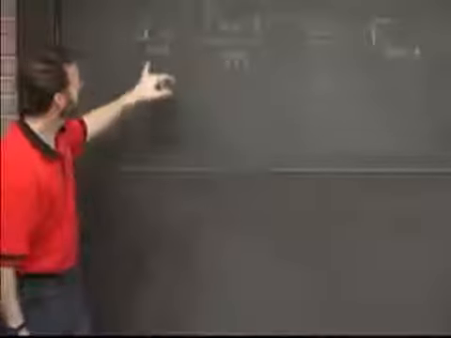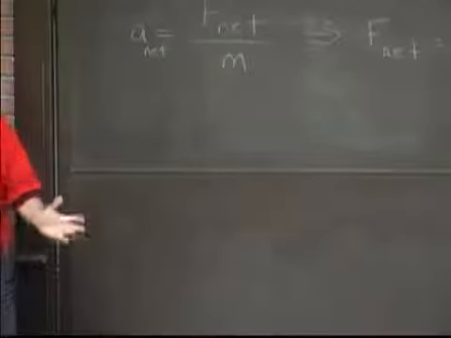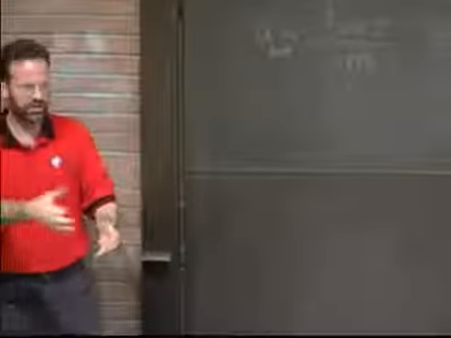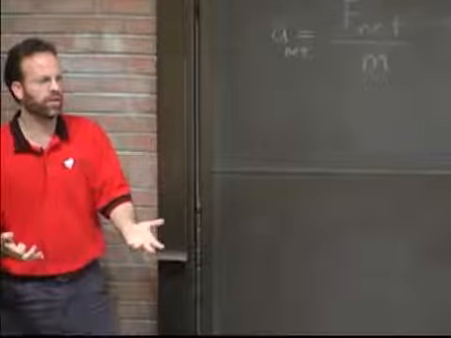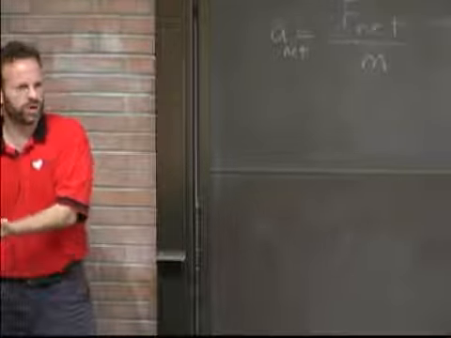So my point here is that in Newton's second law, we're looking at an object, and I hope it makes sense to you that we have to consider everything acting on it to know whether or not its motion is going to be changed. And if it is, that's going to give us the change in motion that we're actually seeing.